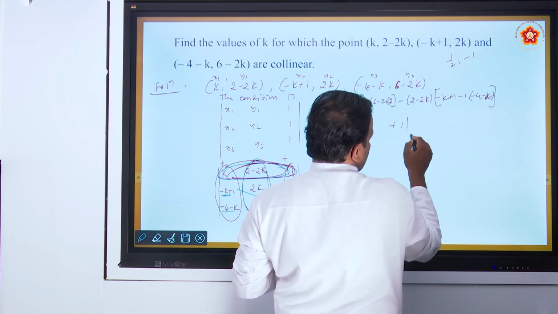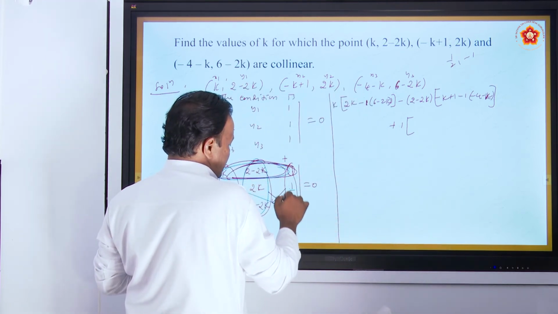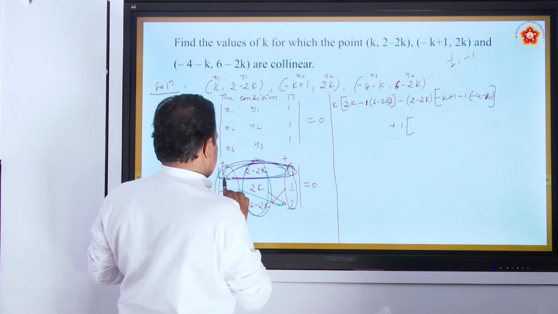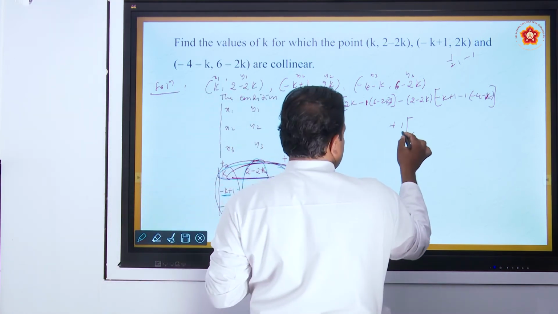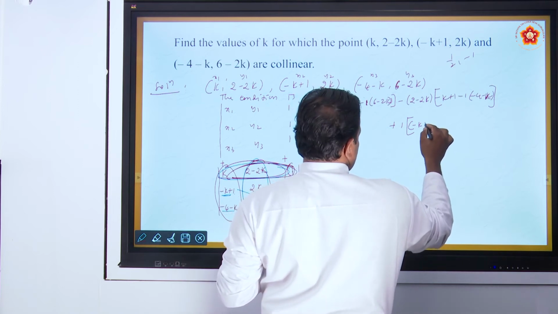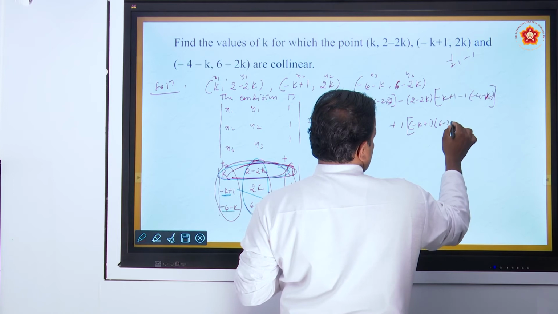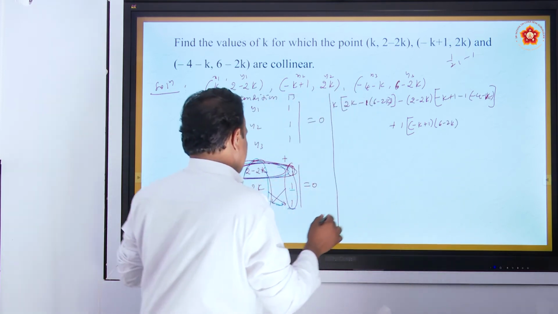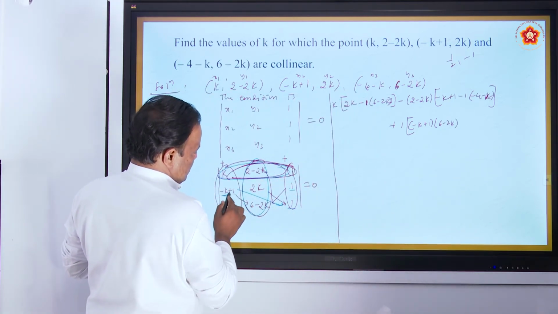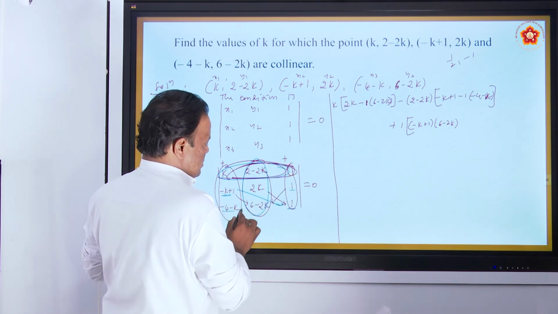Plus 1 bracket plus 1. The column and row containing this one you have to eliminate. Multiply these two: what is the multiplication here? Minus k plus 1 into 6 minus 2k, or 1 minus k into 6 minus 2k.